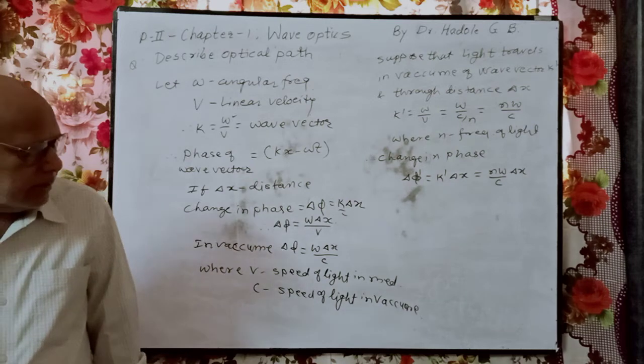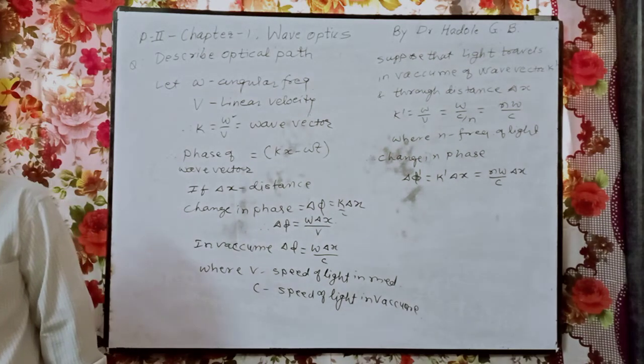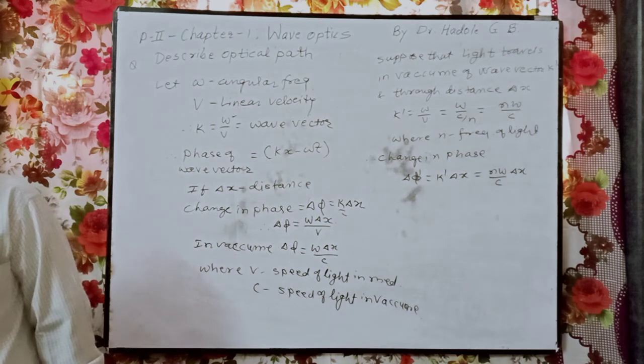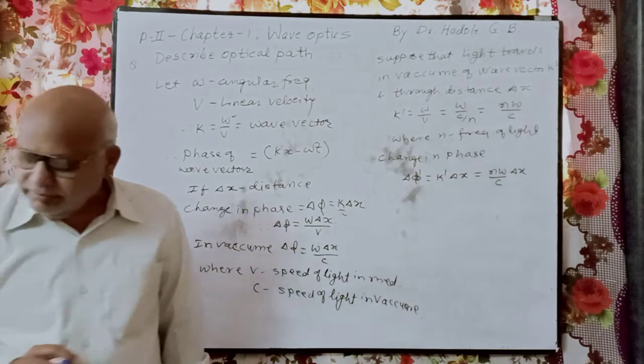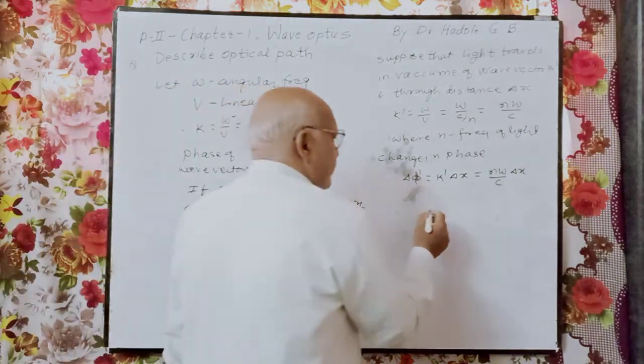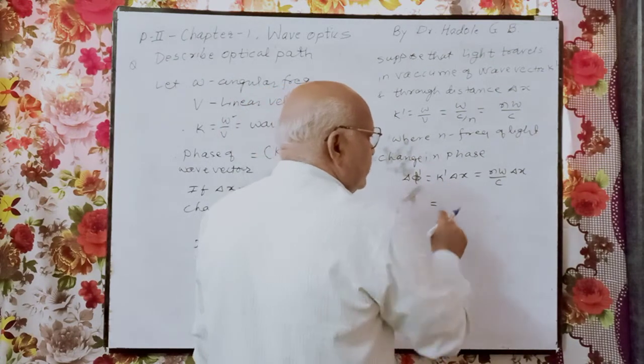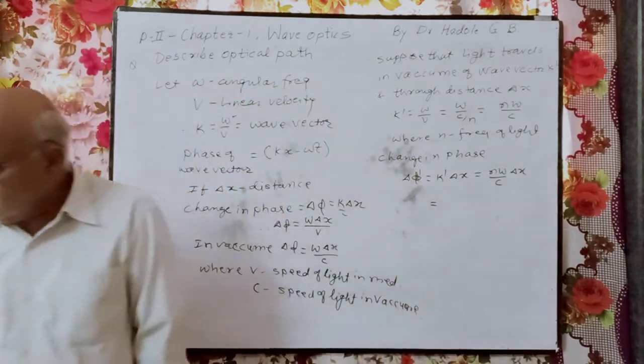Omega n omega into delta x upon c, which is also equal to k dash into delta x.